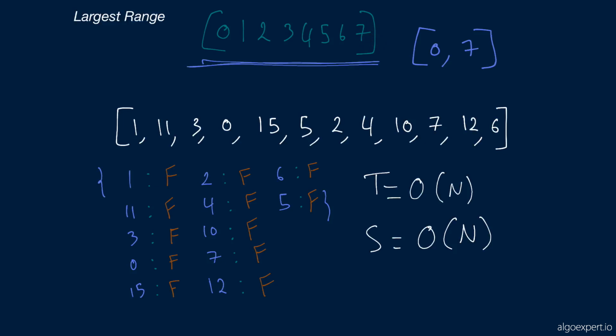We can store just the starting number and the ending number, which is constant space. And we can also maybe store the length of the range as an integer value. So like our range has length 7 or no, maybe it has length 8. And that doesn't use up extra space. So that's why we've got a space complexity of O of n.